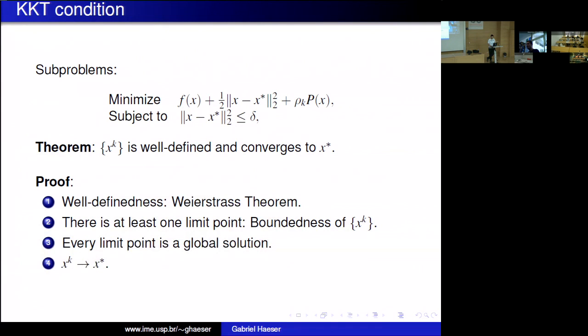In fact, this sequence xk is a convergent sequence, and the limit must be the global solution that we know existed. It was unique. It was x star. So we get this sequence converging to the global solution.